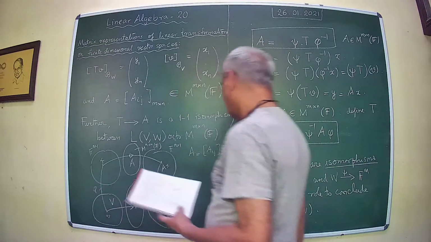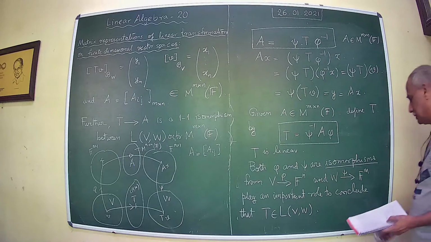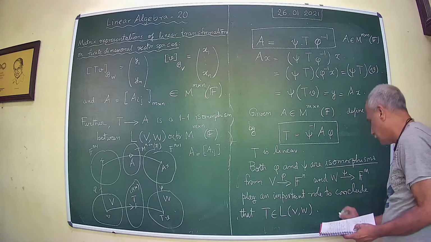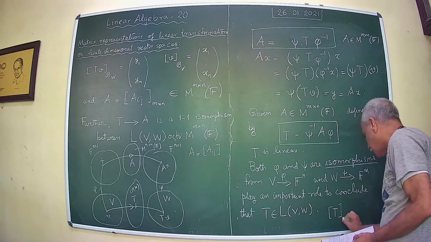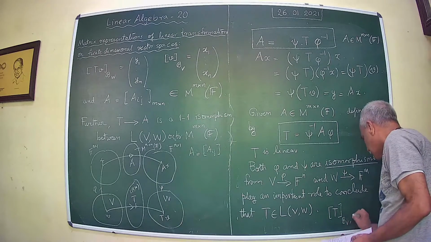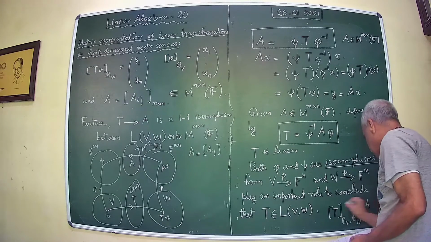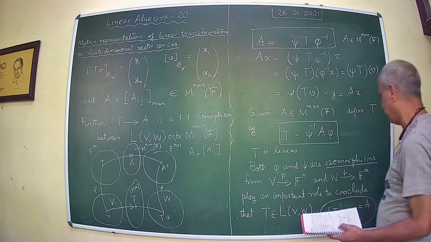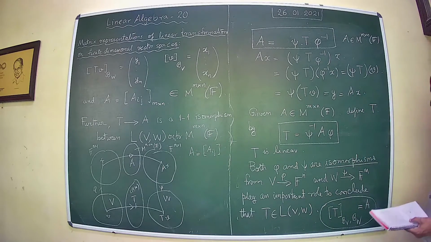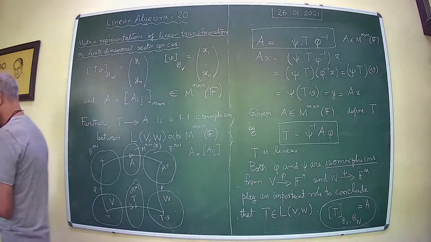So this is the isomorphism, and we therefore say that this is the identification. T corresponds to the matrix representation with respect to B_V, B_W. This is the identification. Okay? And this is an isomorphism.